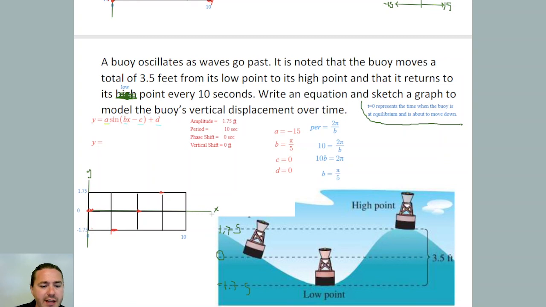Now, with sine, usually, for our parent function anyway, our graph starts by going up to the maximum. So the fact that I have worded this so that it initially goes downward tells us that we're actually going to have a negative sine graph. So even though our amplitude is 1.75, our A value here will be negative 1.75.